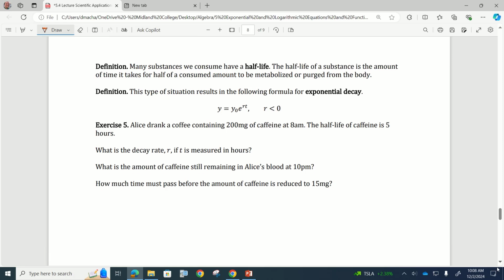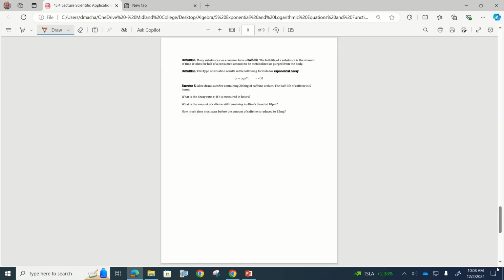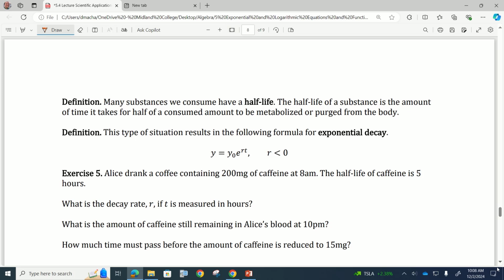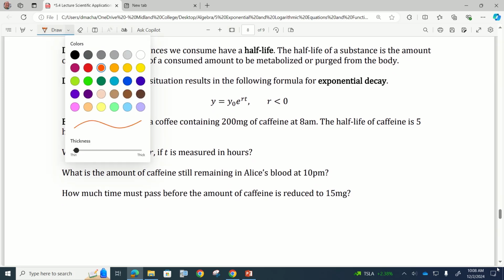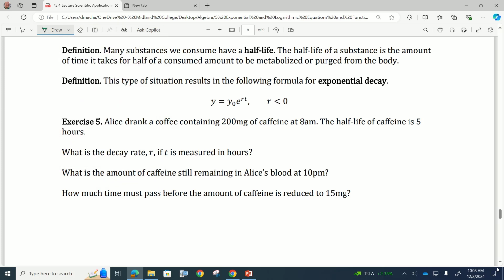Let's talk about half-lives. The word half-life means the amount of time it takes for half of a substance to go away. If I were to drink a coffee, that's consuming about 200 milligrams of caffeine. Well, the half-life of caffeine is 5 hours.